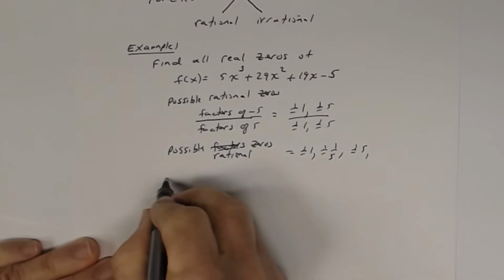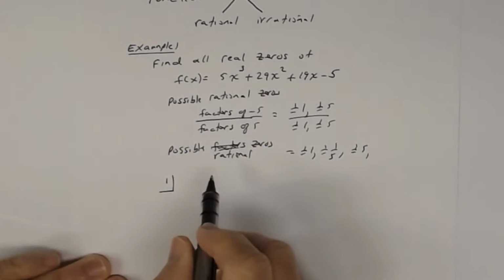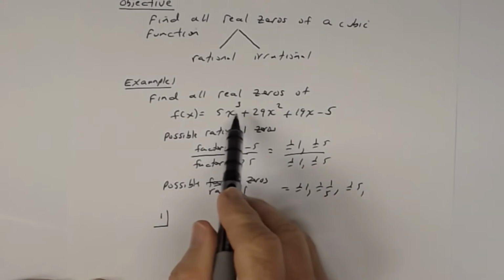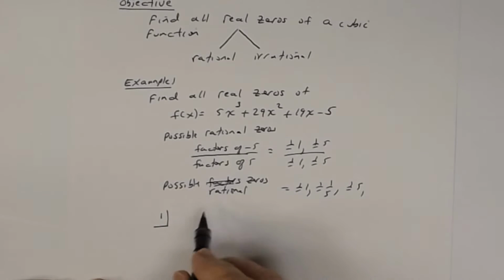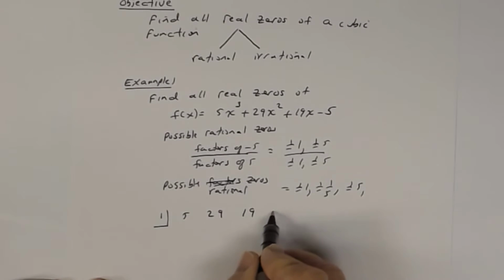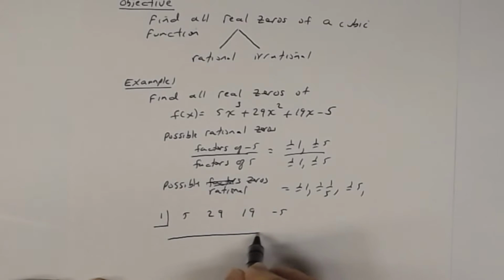All right, so we're going to try 1. Remember, when using synthetic division, any missing terms you must use 0, and it must be in descending order. So we have 5, 29, 19, -5. I didn't have any missing terms. Again, you may want to use your calculator to help you with this.